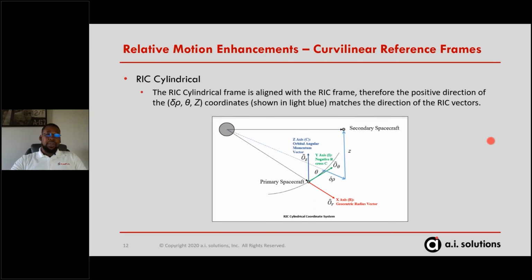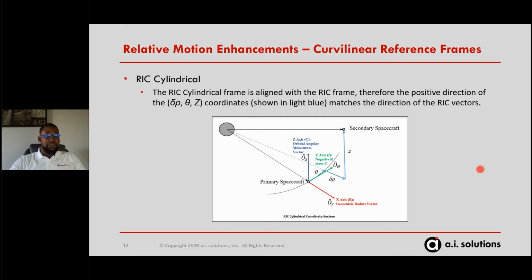Now, if you did not want to use the LVLH frame, and you are more familiar or more comfortable with the RIC, we also do provide that RIC frame for our relative motion curvilinear reference frame. This is where we have our RIC cylindrical frame being aligned with the RIC Cartesian frame.